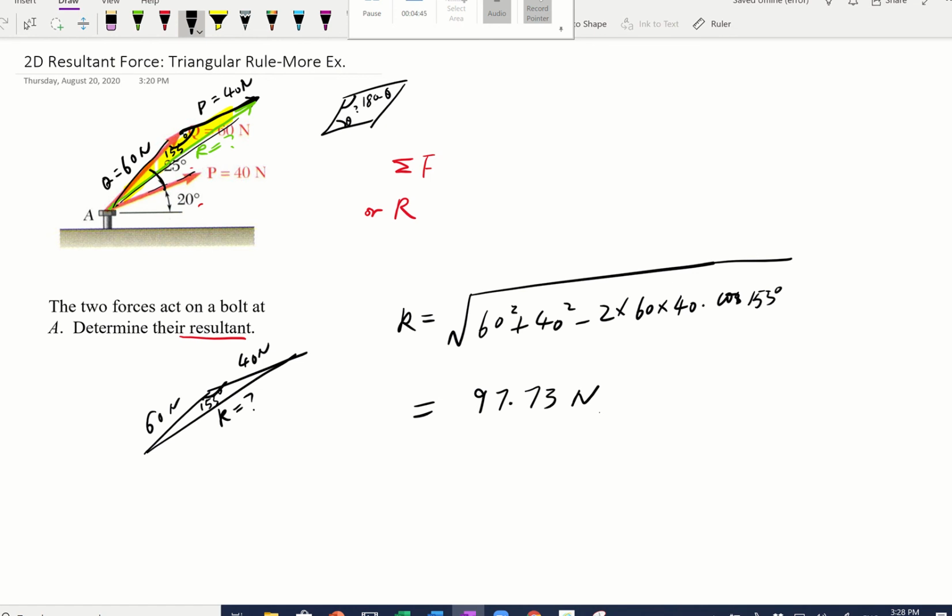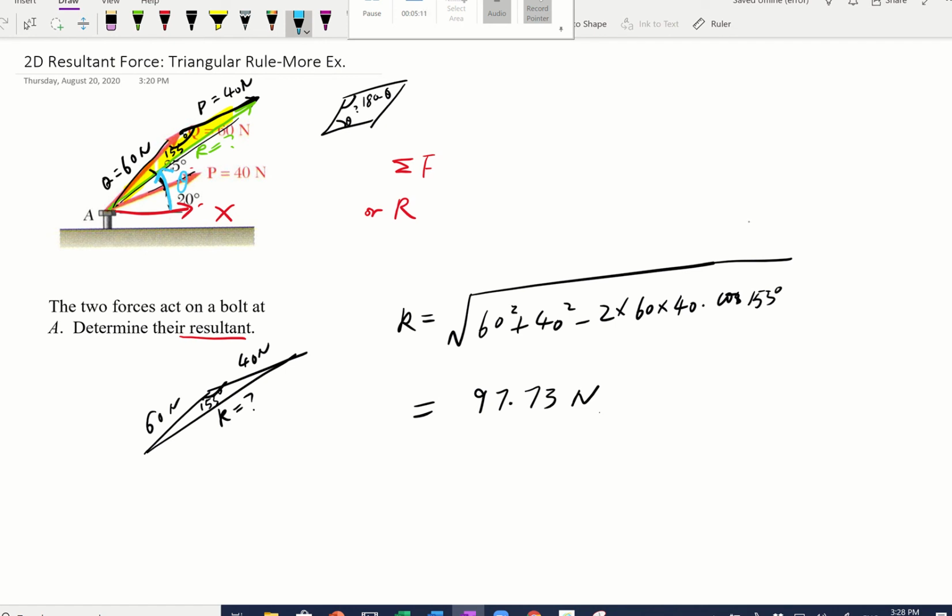Again, the direction in statics is defined from the x-axis. This is our x-axis, the horizontal line, counterclockwise to this force. If I draw this using the blue here, x-axis counterclockwise to this force, which is this green line, the resultant. That's going to be the theta we are solving.